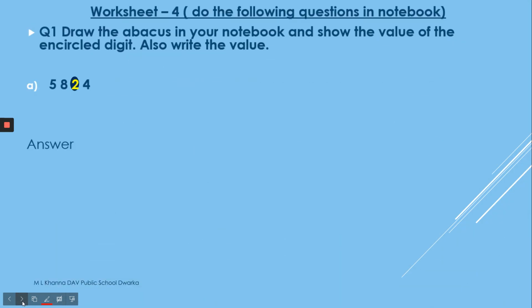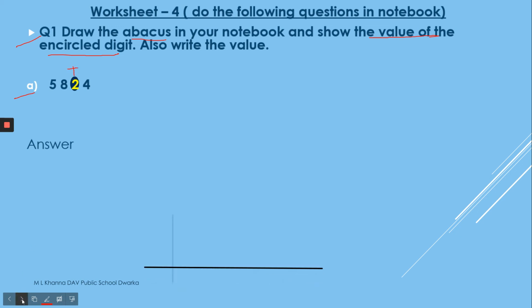Now, we have worksheet 4, which needs to be done in the notebook. Question number 1 says, draw the abacus in the notebook and show the value of the encircled digit. Can you tell me in the A part which number is circled? 2. And what is the place of 2? Yes, it is tens.